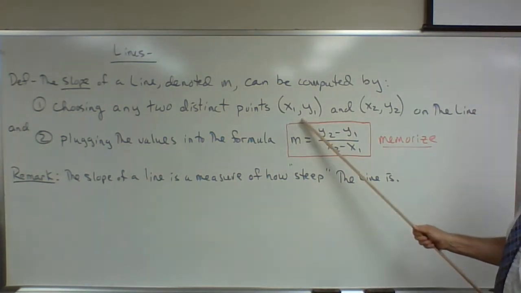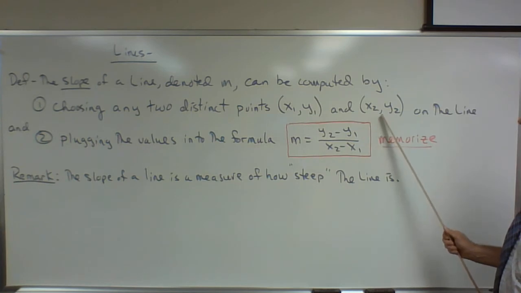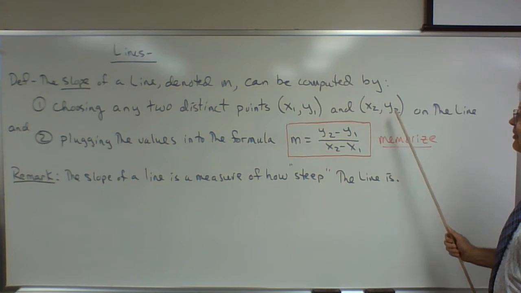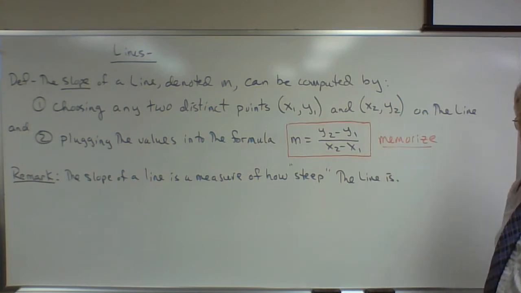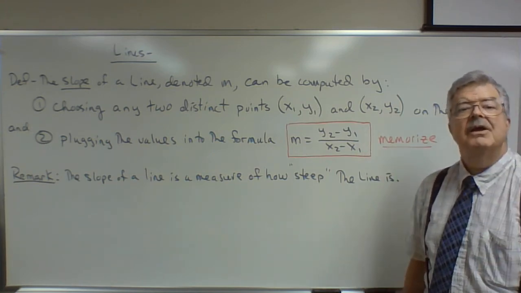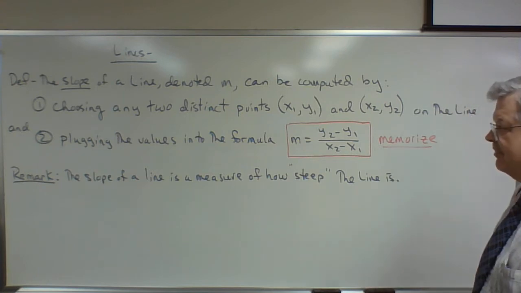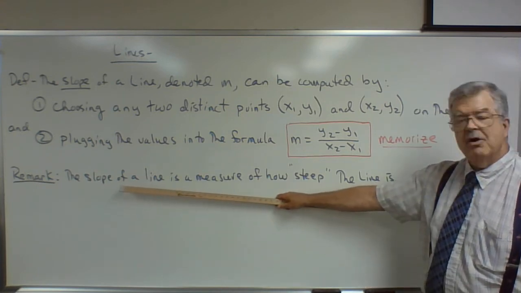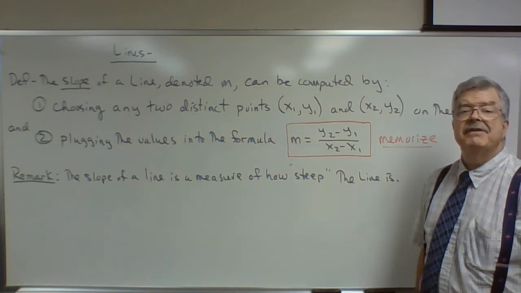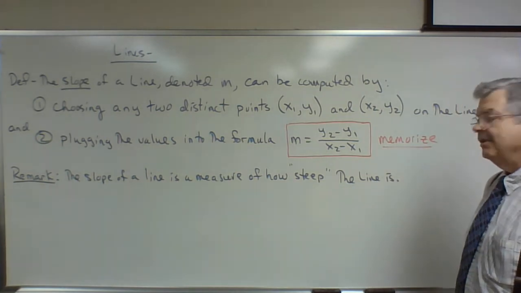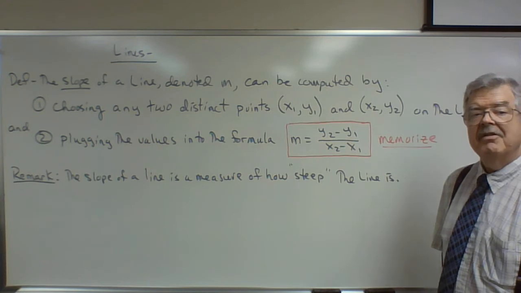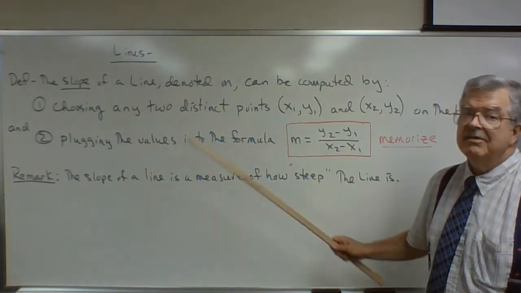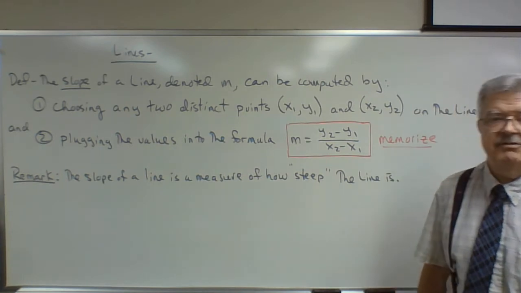So we take any two distinct points on the line and plug x1, y1, x2, y2 into this formula, and we get the slope. And just a remark, the slope of a line is a measure of how steep the line is. The greater in magnitude that the slope is, the steeper the line is.